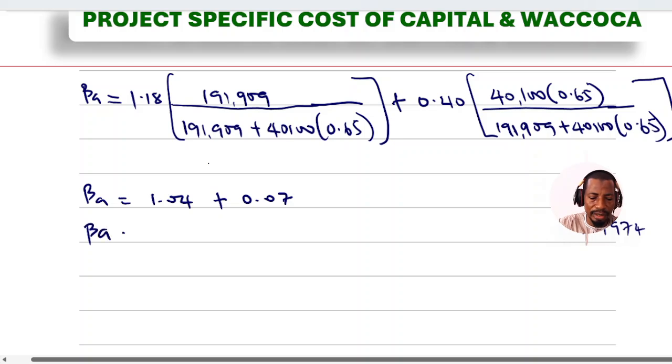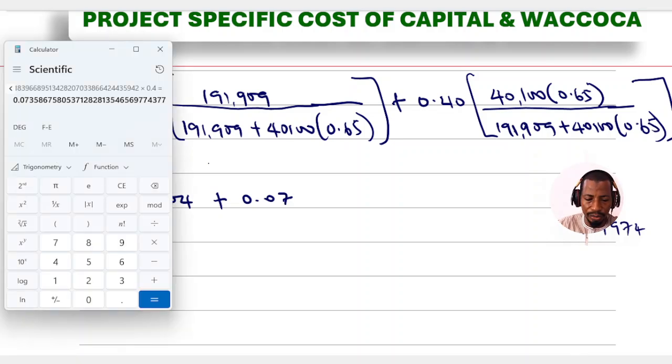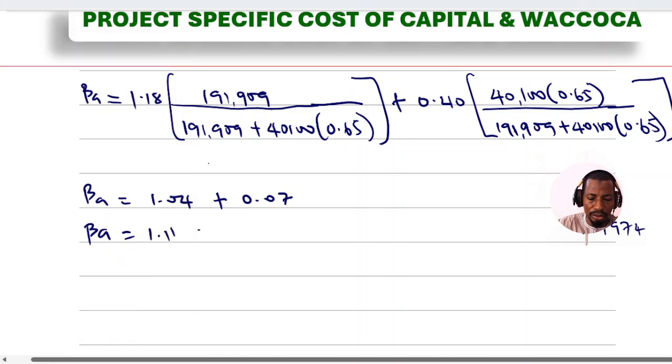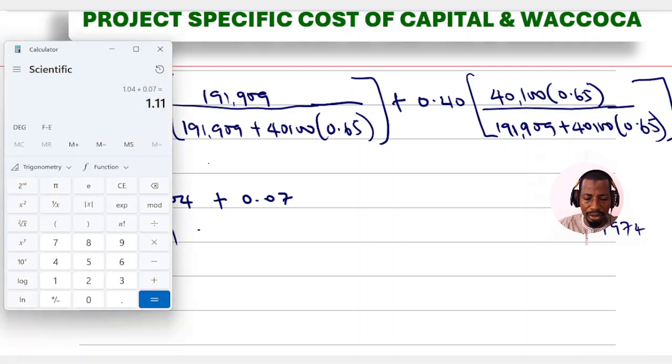Therefore, the beta asset will then be equal to 1.04 plus 0.07 equal, that's 1.11. Okay, 1.11.